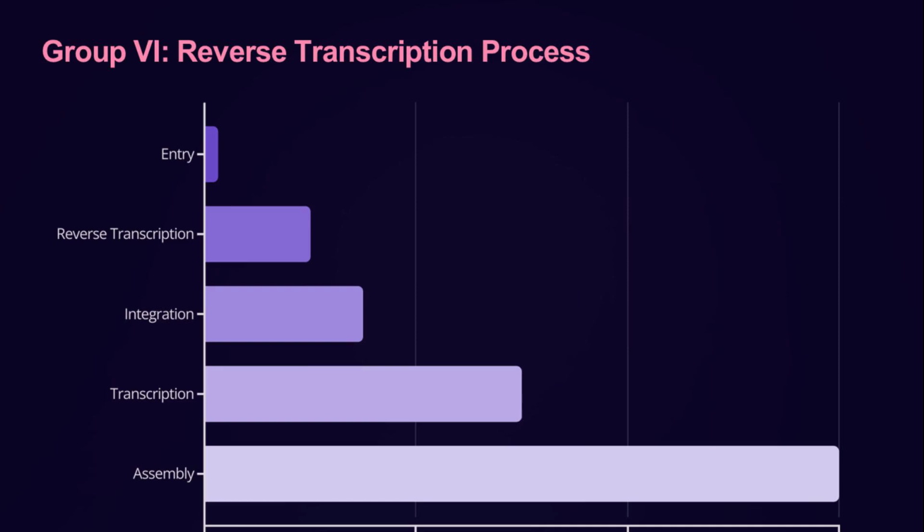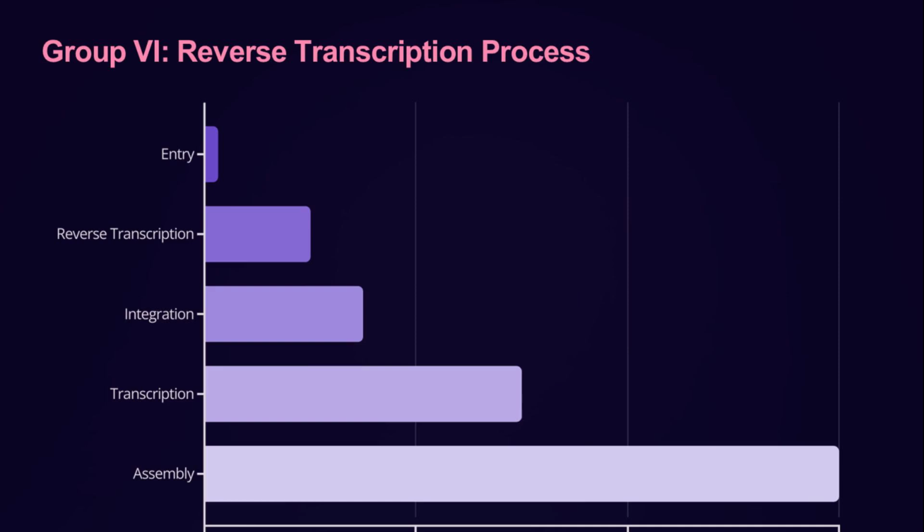The reverse transcription process is a key step in the life cycle of retroviruses like HIV. This slide outlines the timeline of the different steps in the reverse transcription process. Entry into the host cell happens relatively quickly, within 0.5 hours. Reverse transcription, where the viral RNA is converted to DNA, takes about 4 hours.